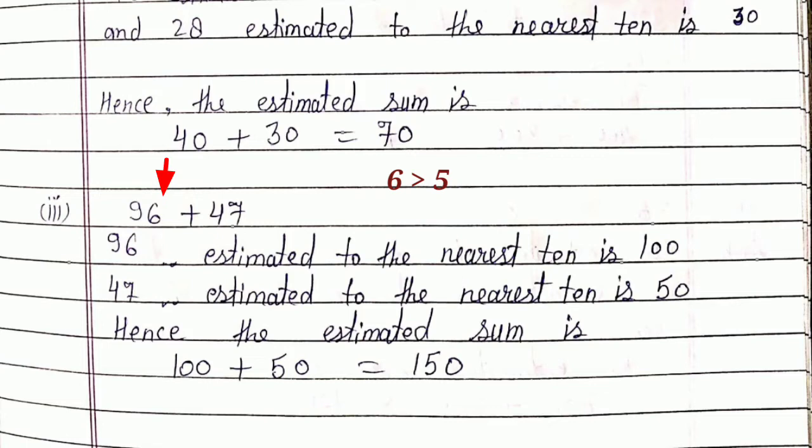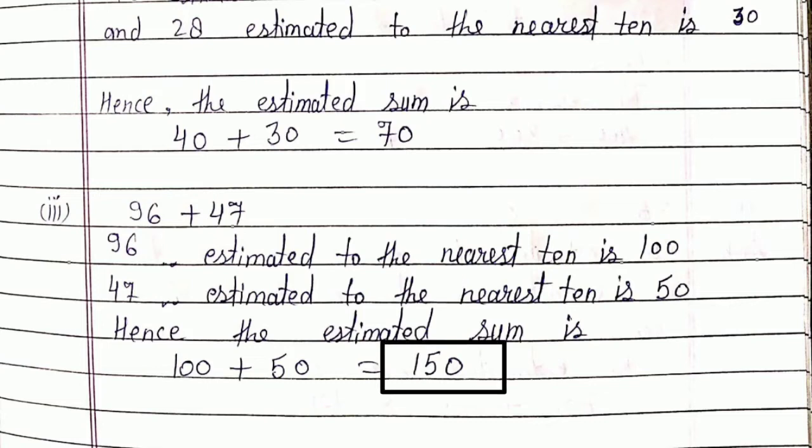Hence answer will come 100. 47 ones place 7 is given. 7 is greater than 5. Hence again we will add 1 to the rounding place which is 4. It will become 5. So the answer will be 50. So now these two rounding of numbers we are having. The estimated sum will be 100 plus 50 and that is 150.